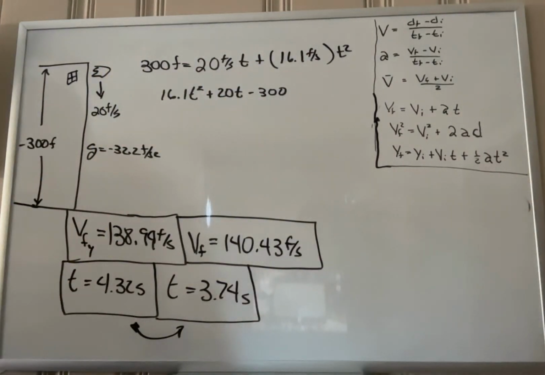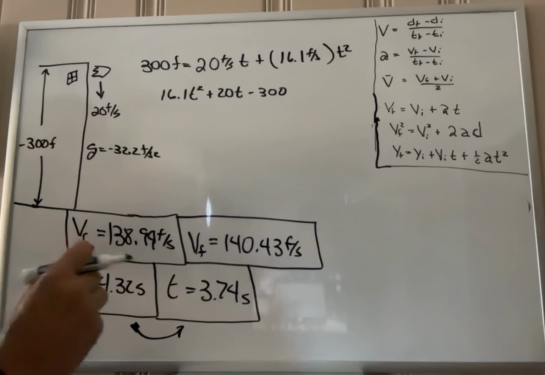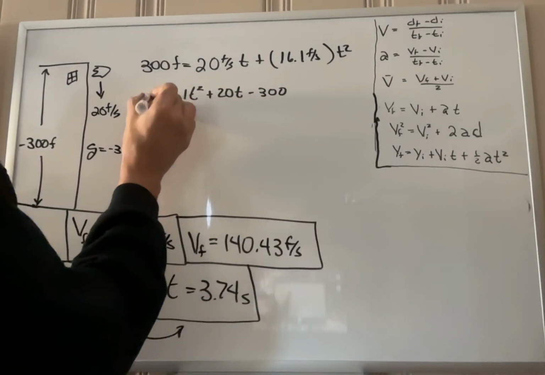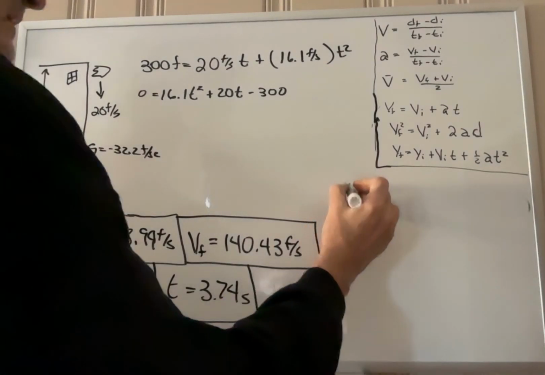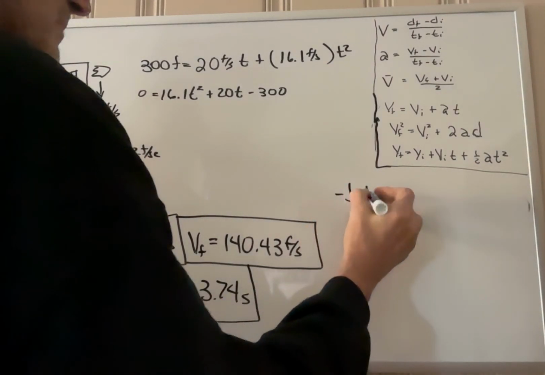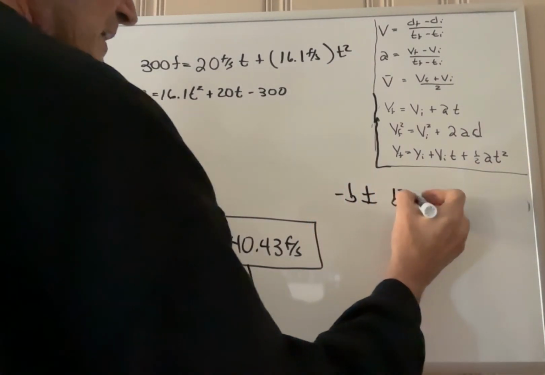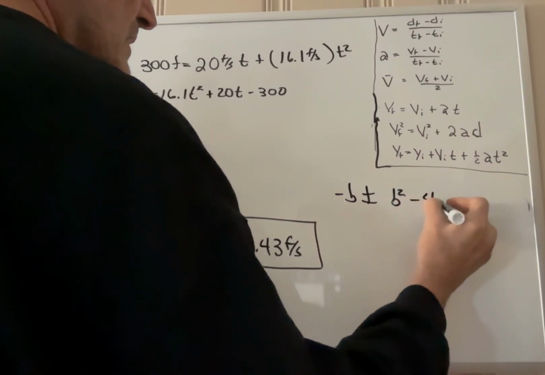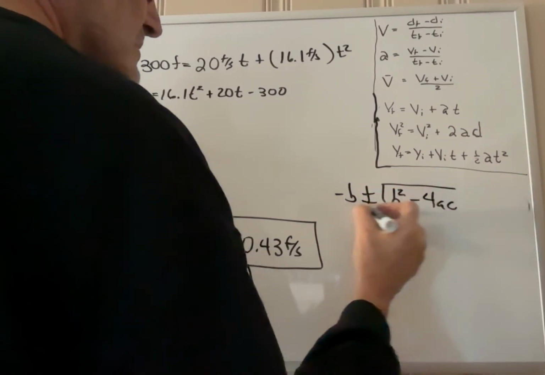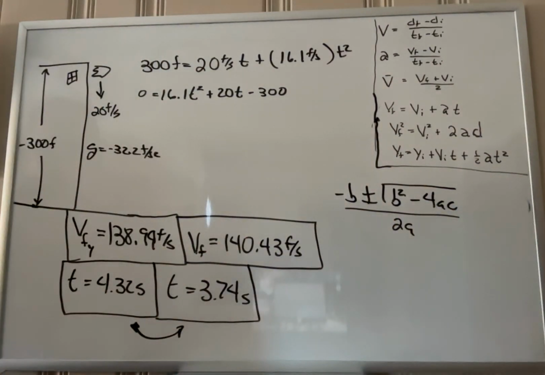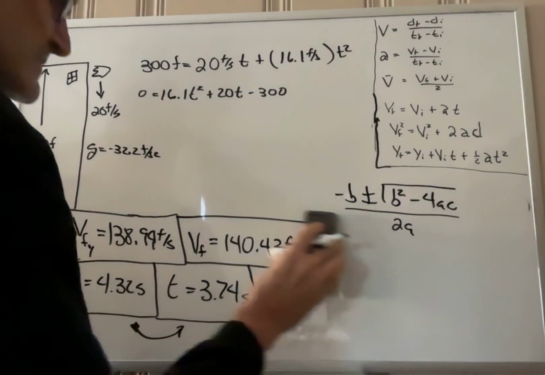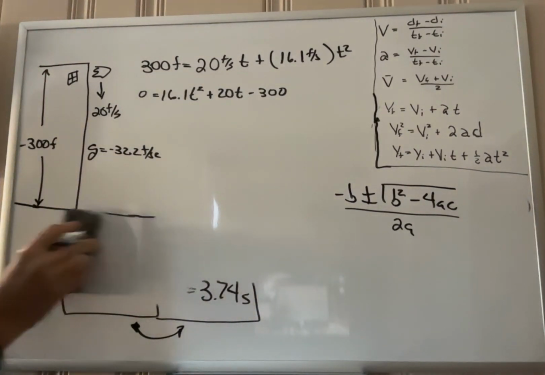All right, so we're going to use the quadratic equation to solve this thing. This is going to be equal to 0, so we're going to use negative b plus or minus the square root of b squared minus 4ac, divided by 2a. We're going to use that to solve this thing.